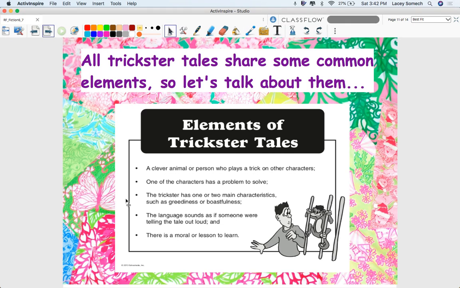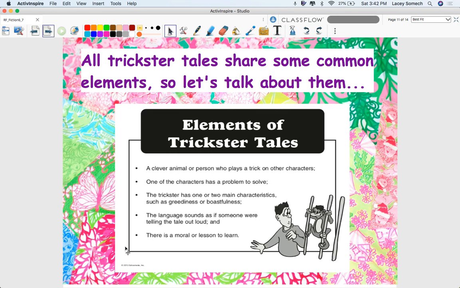Usually those characteristics have to do with greediness or boastfulness, like if you're being very boastful, you're bragging. The language sounds as if someone's telling the story out loud, because remember, this traditional literature is told from one generation to the next, so you have the storyteller sound to it. And there is a moral lesson or some kind of theme at the end for us to learn from.